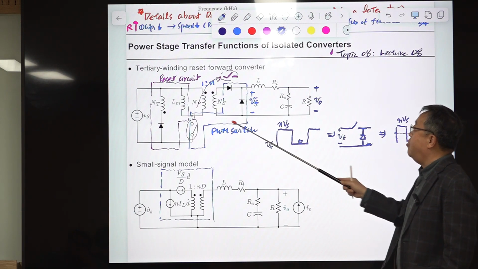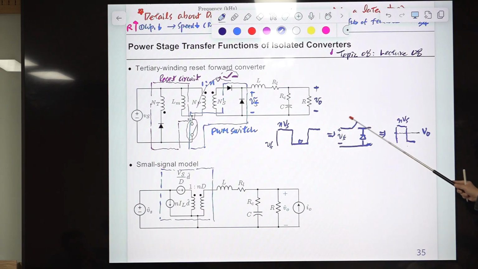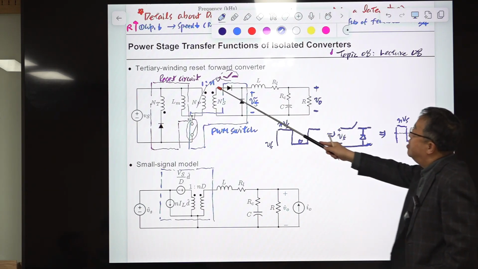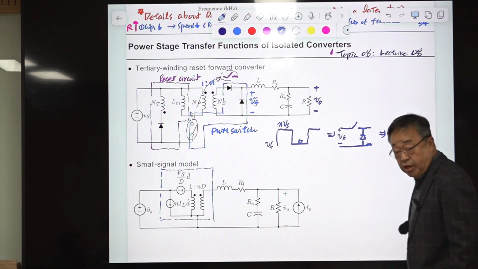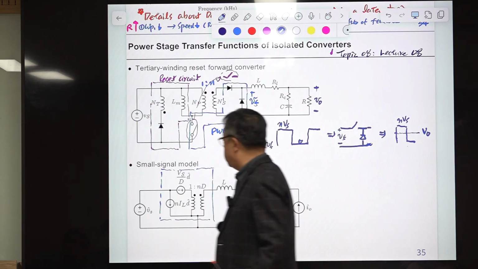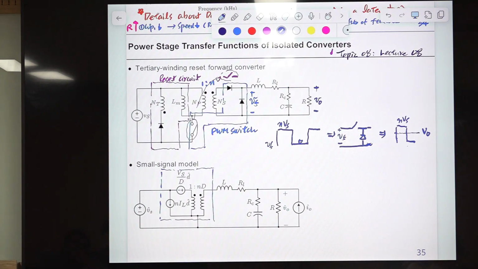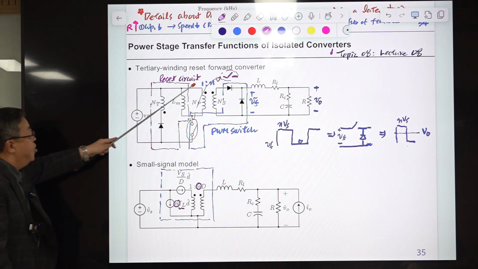But in terms of their function, that is the same as the role of this SPDT switch. The only difference is there is a transformer with turns ratio of 1 to N. Then the small signal model is the same as the buck converter. Some exceptions are that the duty ratio D is changed to ND and IL is changed to NIL, because of the turns ratio of 1 to N.